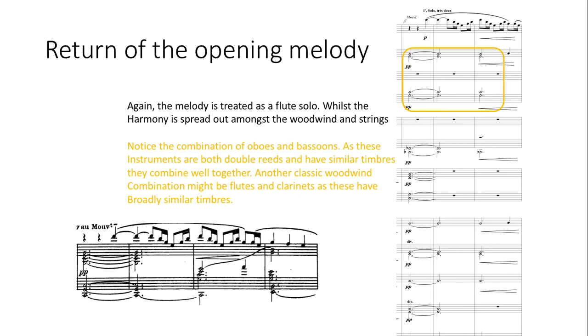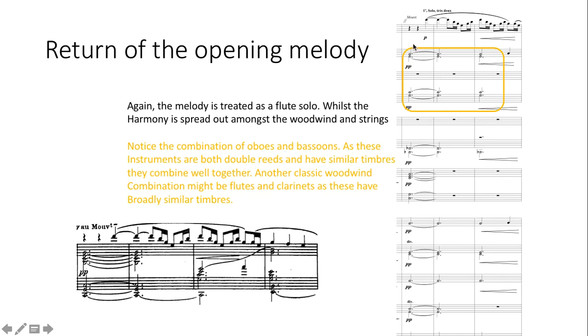Those instruments are both double reed instruments, and they have similar timbres, and so they combine really, really well. And that's something that we bear in mind when we're developing, say, orchestral sounds or an orchestral palette. We want to find instruments that have a similar timbre, that are going to blend well together. So that's what this orchestrator has done.